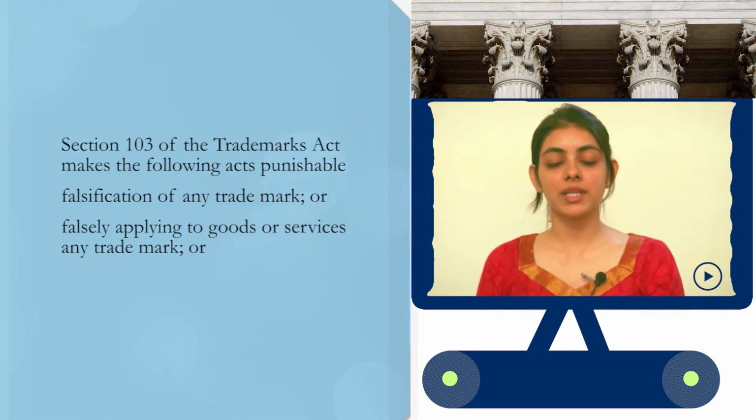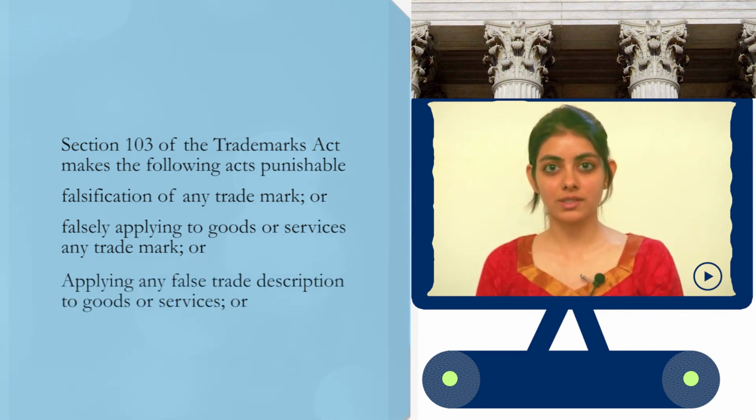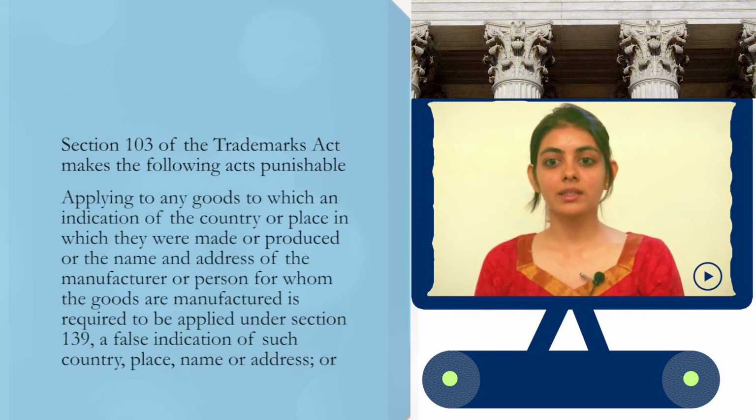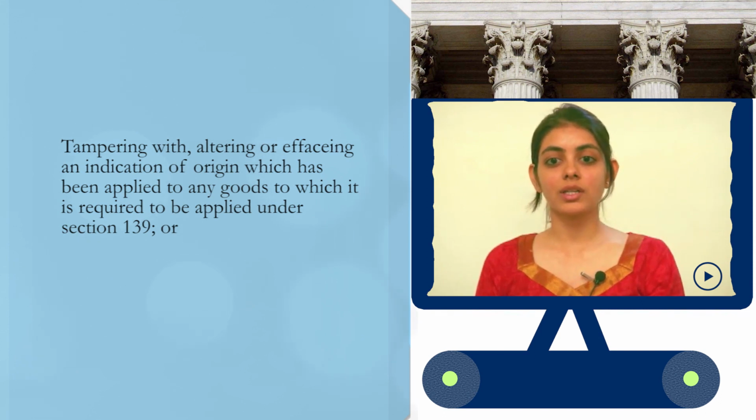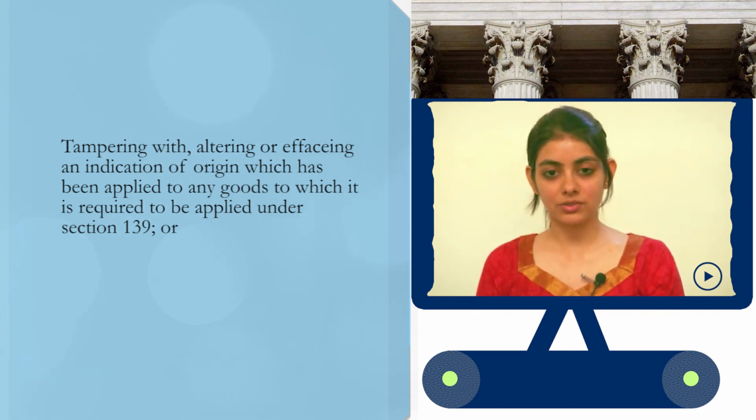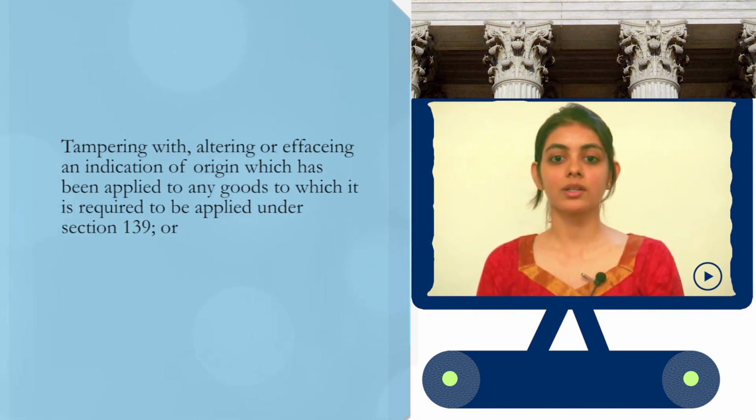Applying any false trade description to goods or services. Applying to any goods or services any indication in violation of section 139 of the Trademarks Act. Tampering with, altering or removing an indication of origin which has been directed under section 139 of the Trademarks Act, and causing any of these acts to be done.